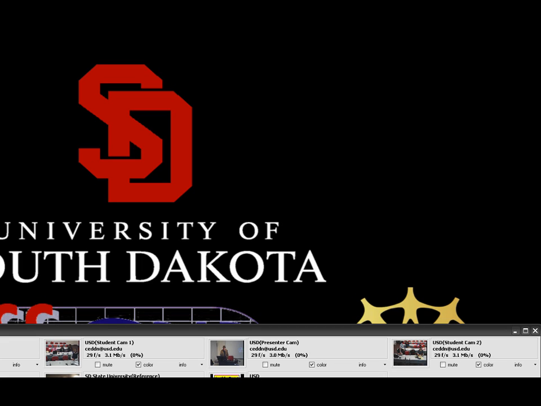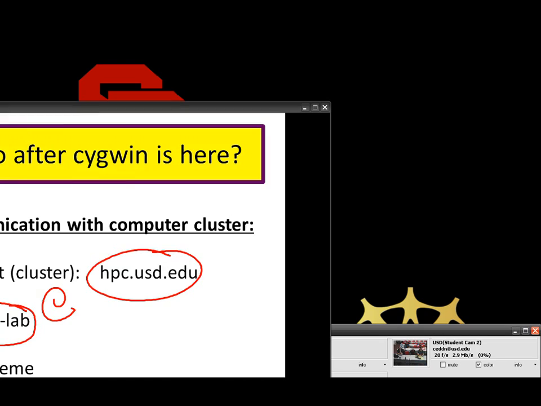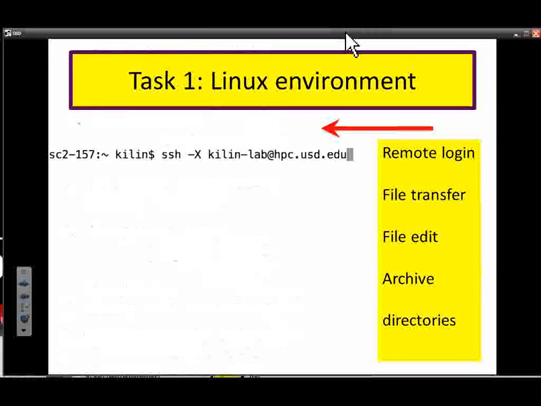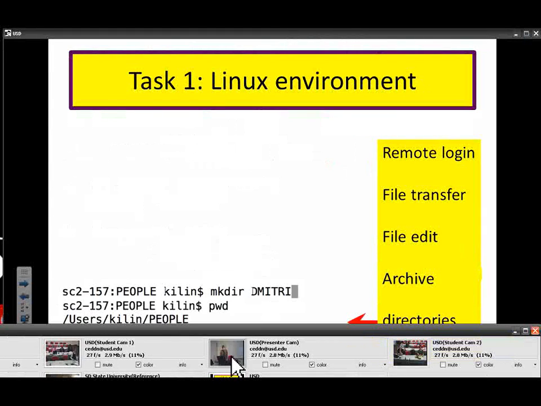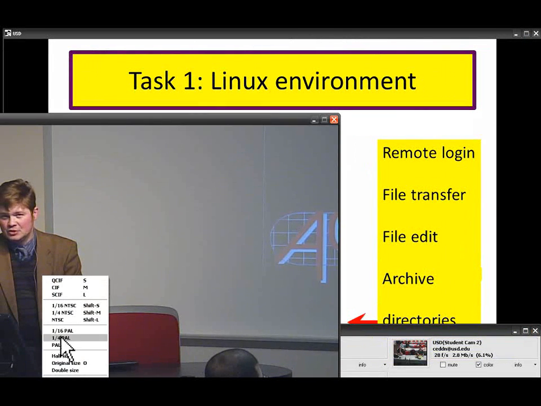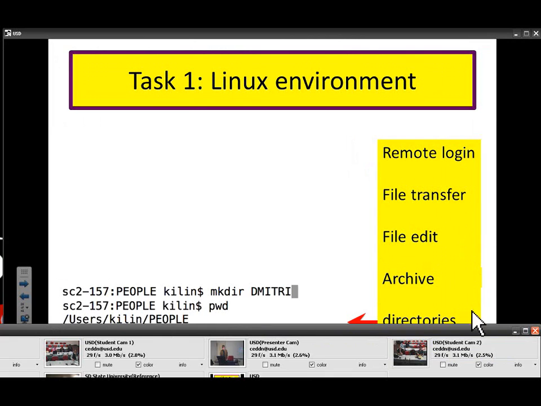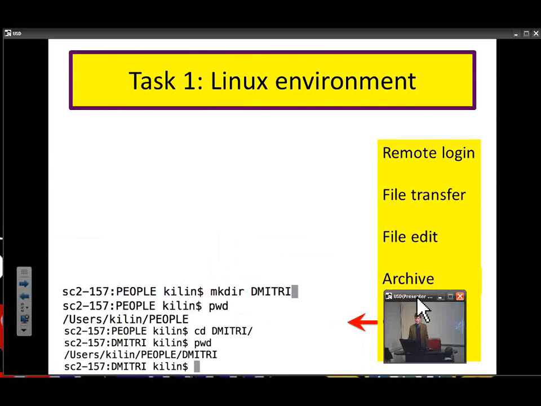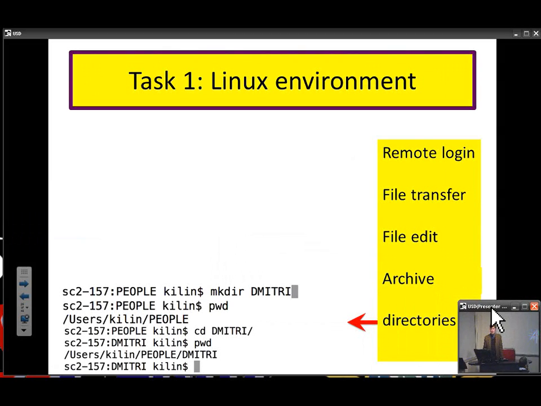So after you log in, there are several commands that one should try and one should feel comfortable with. There are commands to browse through directories, same as on a Windows computer.